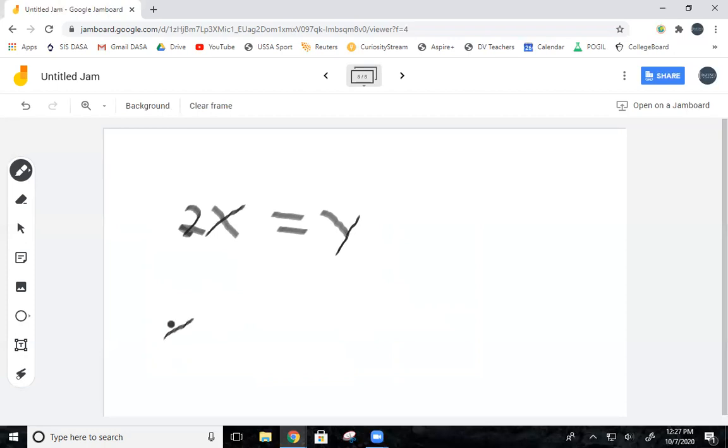If you do x equals 2 over y, or you switch them, if y goes up, that means x goes down. So this is a direct relationship. This is an inverse relationship.